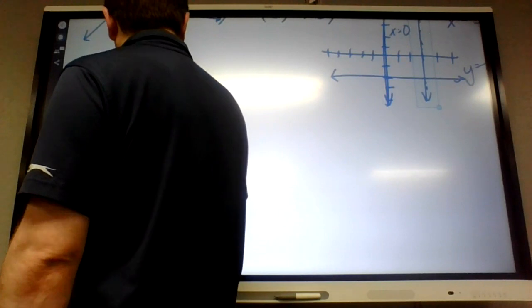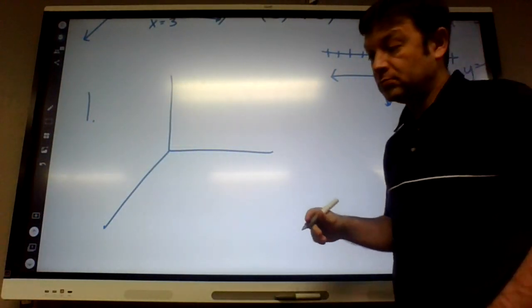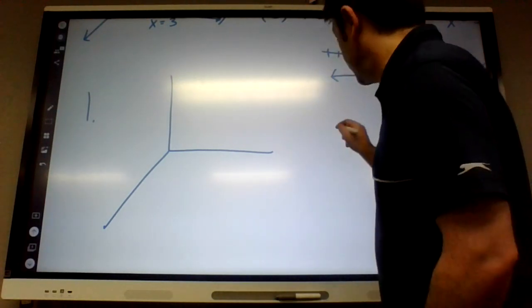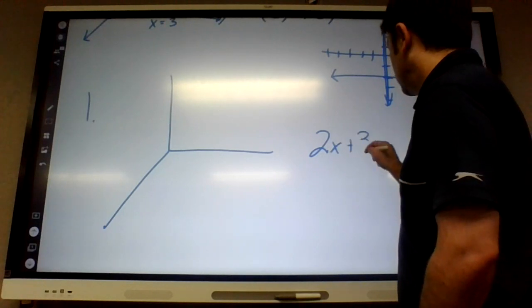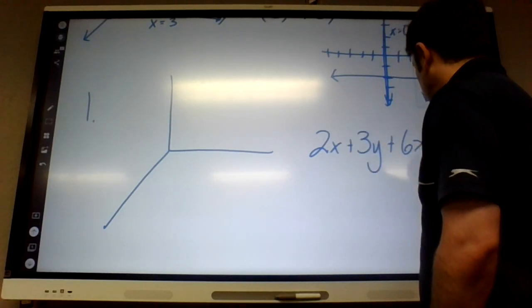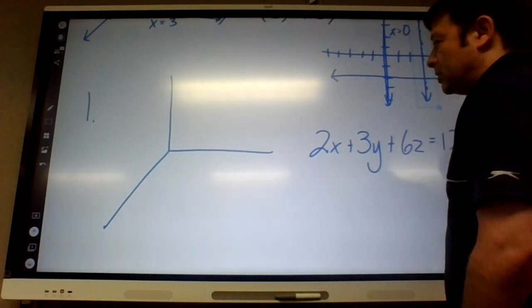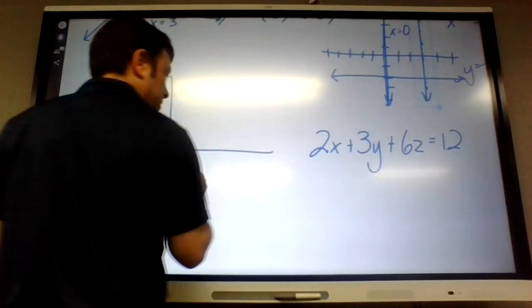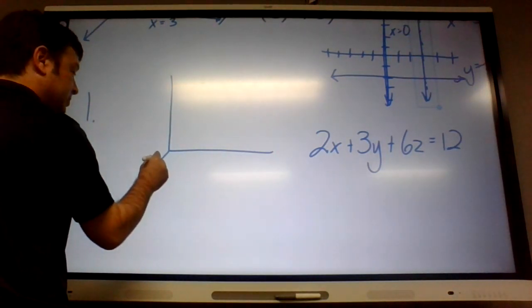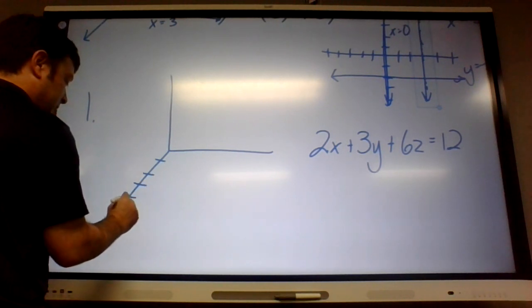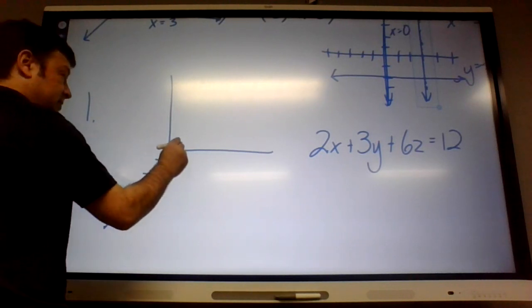So make your corner. 2x plus 3y plus... Okay, looks like we're gonna have to go out to 6 at the most, so let's make our axes at least 6 long.